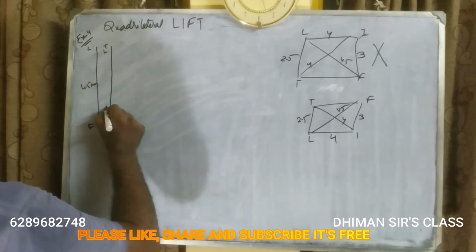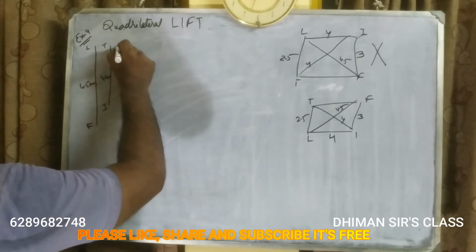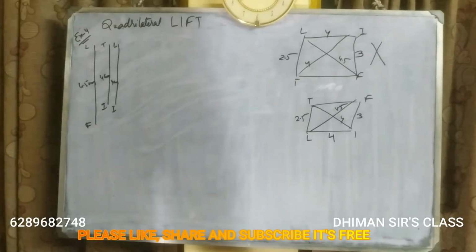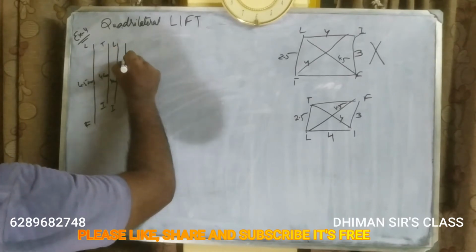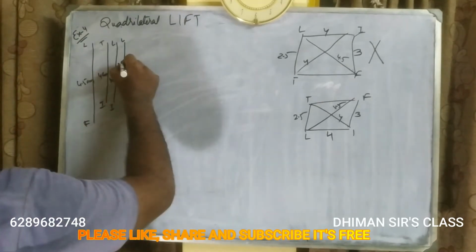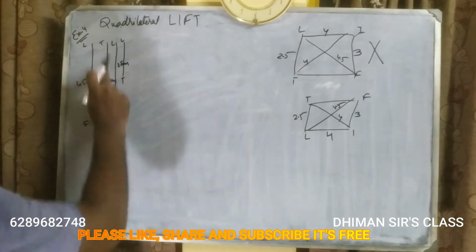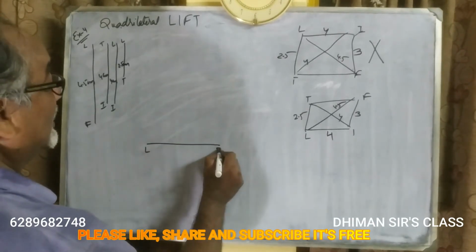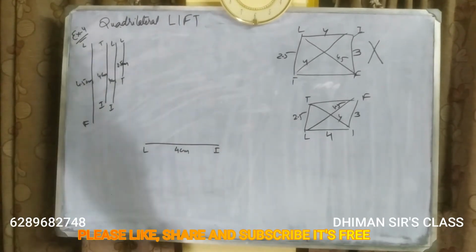Then comes LT 2.5 centimeter. But students, by mistake I have drawn LI and TI, both are the same. Instead of drawing here, you could have drawn this 4 centimeter here only, and later, if needed, taken the measurement from this line itself. Otherwise, chalo, it is done.